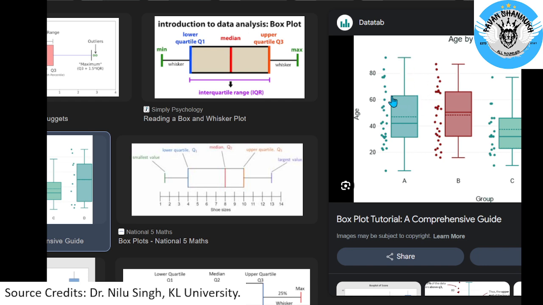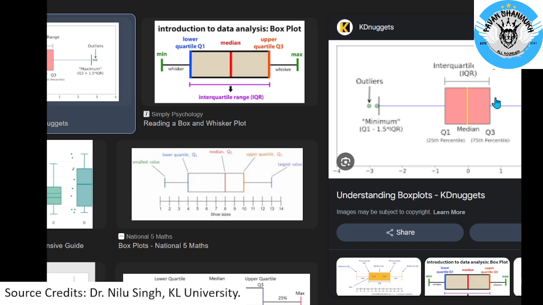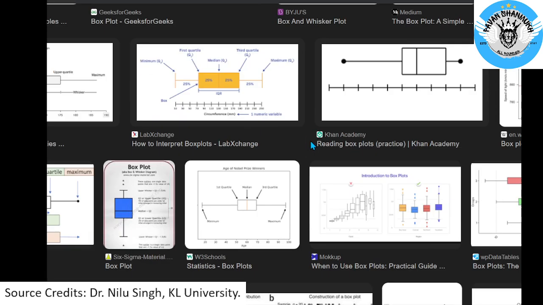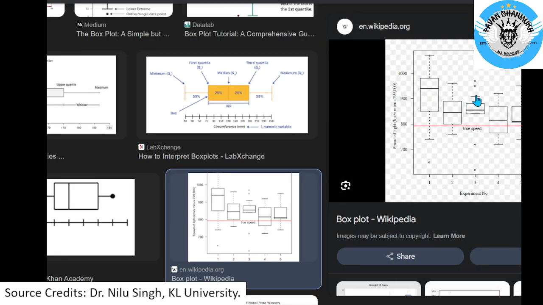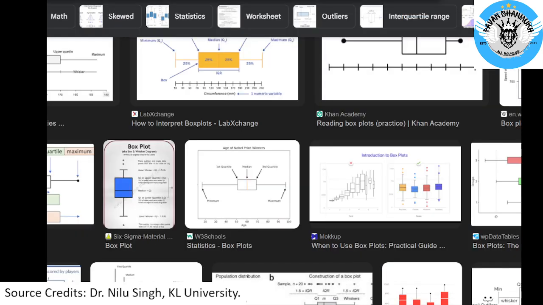The distances between this box and this line, this line and this line are sometimes decreased depending on the situation. If you observe horizontally or vertically, in any way, there will be decrement as well as increment. Yes, you can see here the length is different, here the length is different, and here the length is different. So this is box plot visualization. And then what do we have?